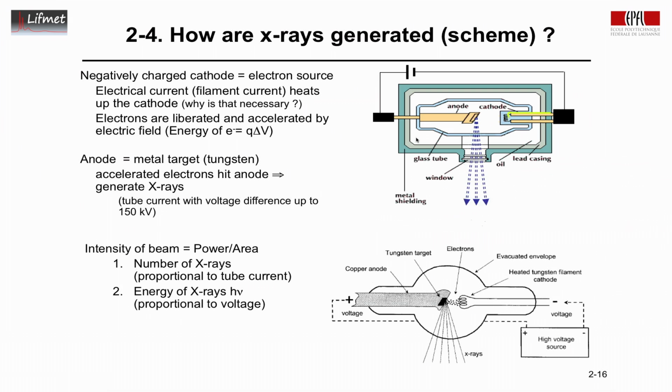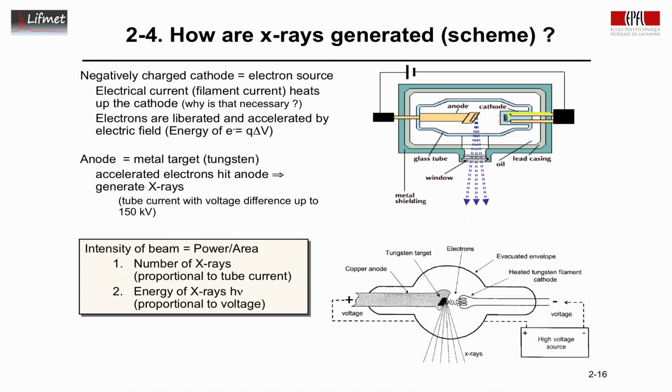The energy of the X-rays is related to the voltage difference between anode and cathode, here and here. If we have 150 kilovolts, then we produce electrons that hit the target with an energy of 150 kiloelectron volts. If we use only 50 kilovolts, then the energy of the electrons as they hit the tungsten target is 50 kiloelectron volts. So these are the two things that we can control.